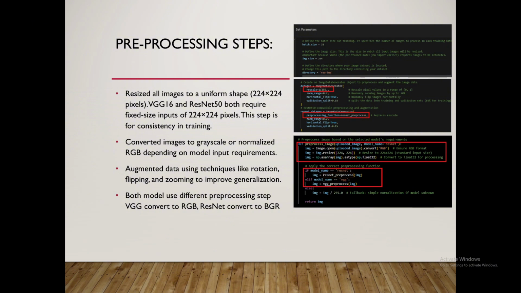So this step is for consistency in training. It is also converted to grayscale or normalized RGB depending on model input requirements. Augmented data using techniques like rotation, flipping, and zooming is used to improve generalization.